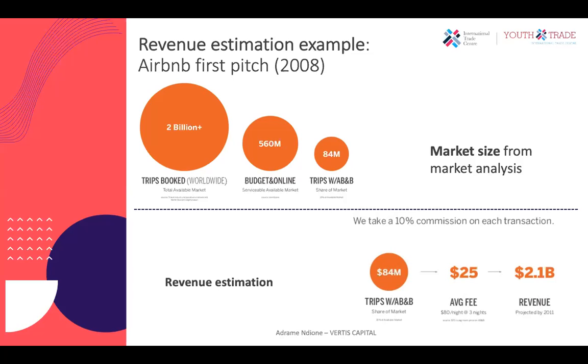Of course, they won't get these 84 million in the first year, but they can say if we get 10% of this, it's good, and then we can increase by 15% every year, etc.